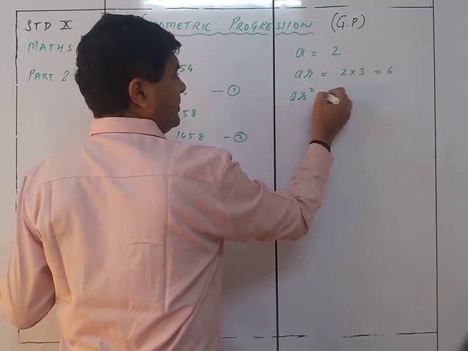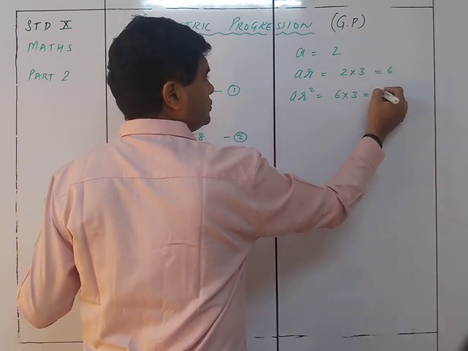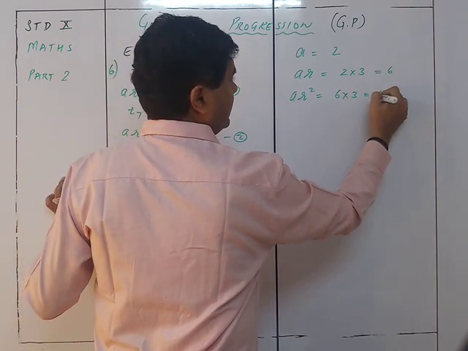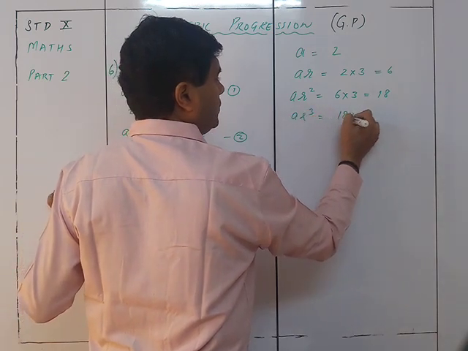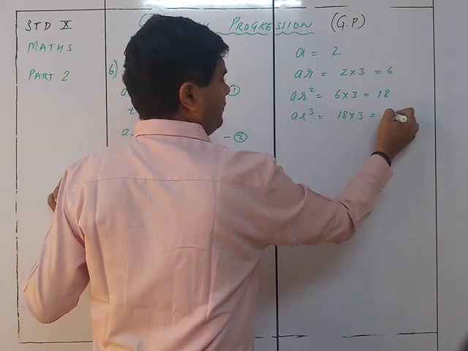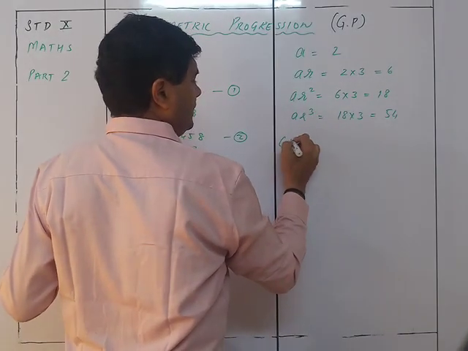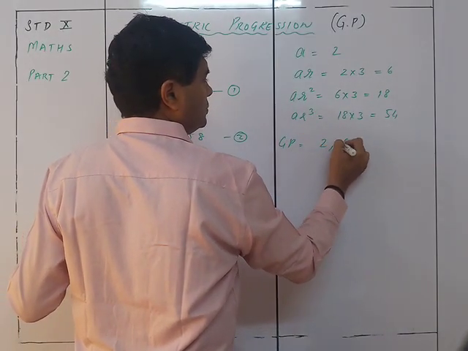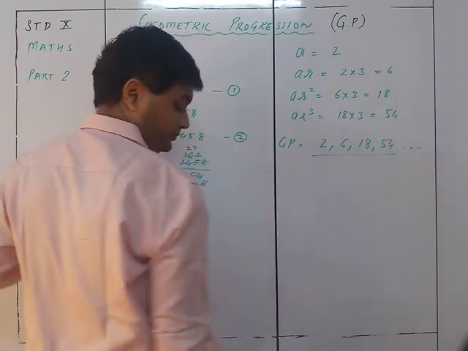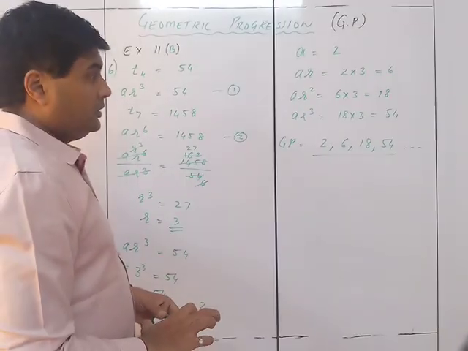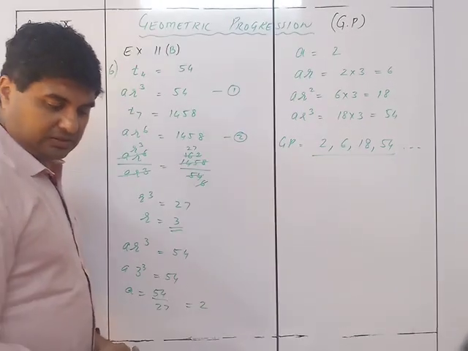AR square will be equal to 6 into 3 is equal to 18. And AR cube will be equal to 18 into 3 is equal to 54. So that's why the GP will be 2, 6, 18, 54, dot dot dot. Okay. That was sum number 6.